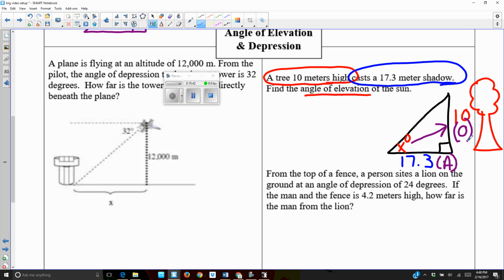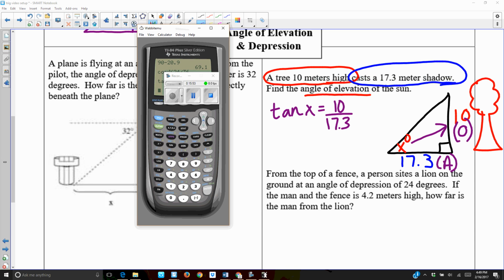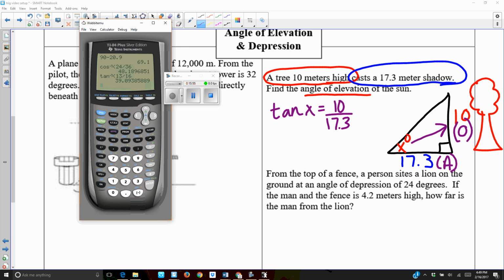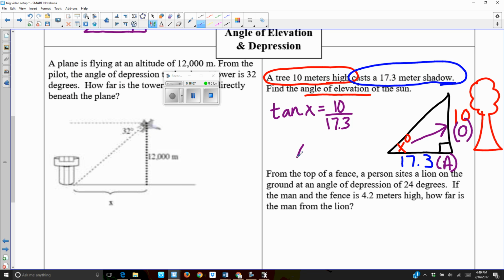So that means we're going to use the tangent trig function to solve this problem. So in your calculator, hit second tangent, 10 divided by 17.3. And you should get your angle roughly as 30 degrees.